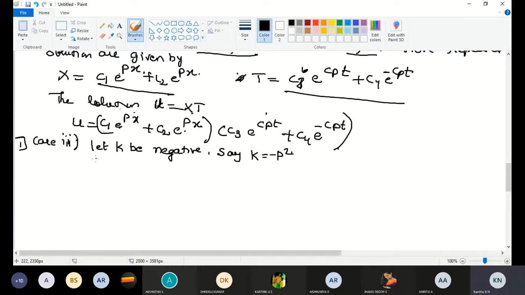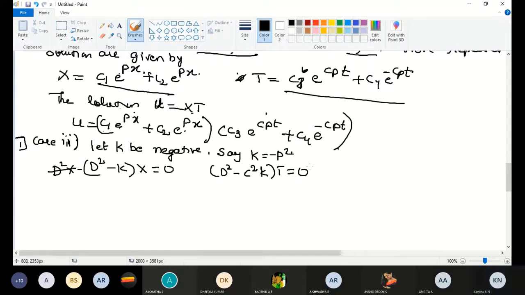Okay, then take the equation D square minus k x is equal to 0, and D square minus c square k t is equal to 0.